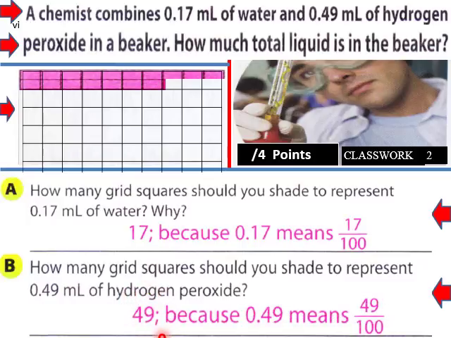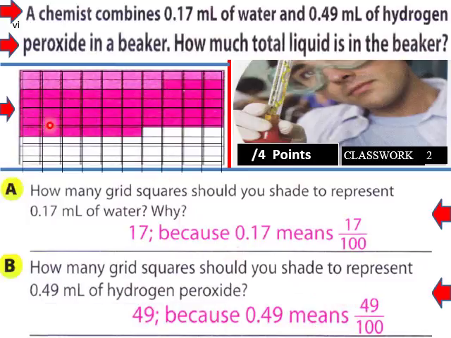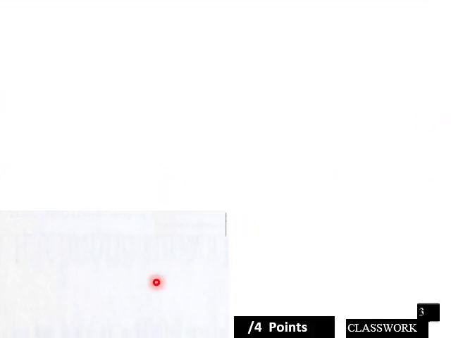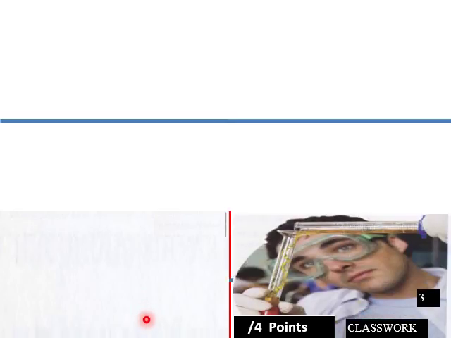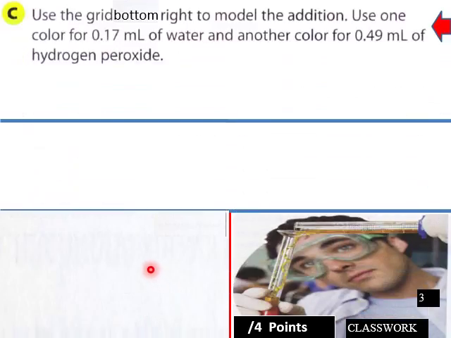What would that be? 49, because 0.49 means 49 over 100, and so you would add 49 to your 17 up here, right? So that's the idea behind decimal grids, is to give a visual representation there of an addition.